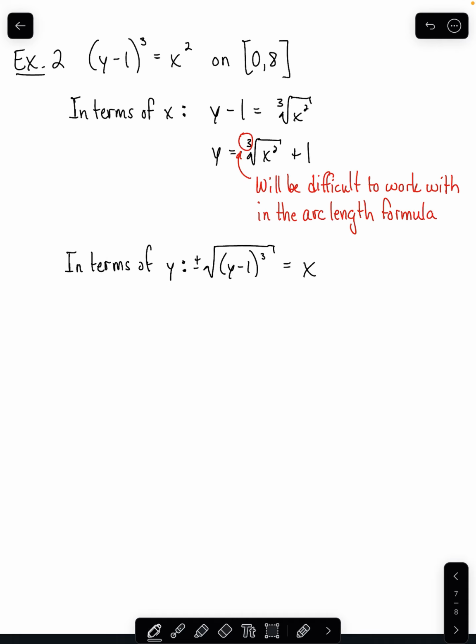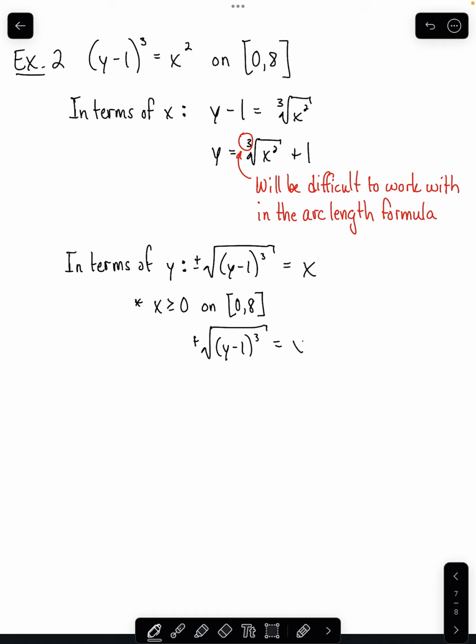One, we do have a plus or minus to worry about, except for the fact that x is always positive on 0 to 8. Therefore, we keep the positive and drop the negative. I'm writing the positive only to emphasize it here.